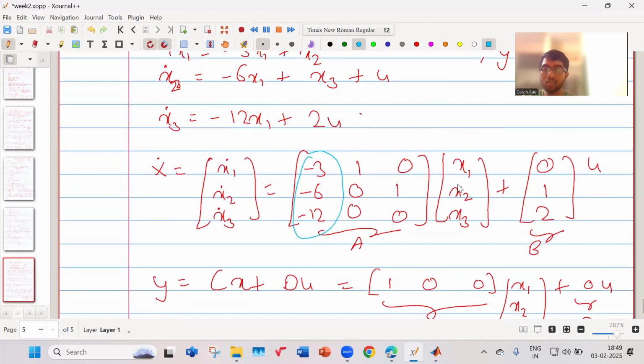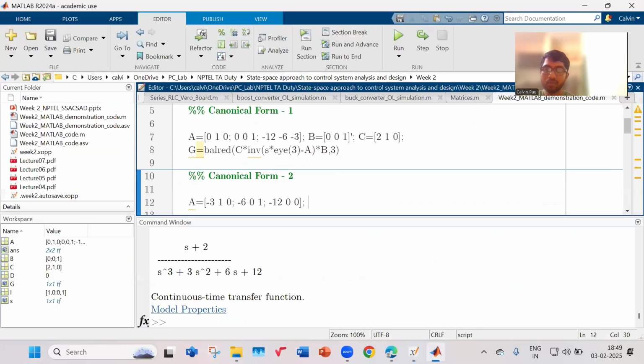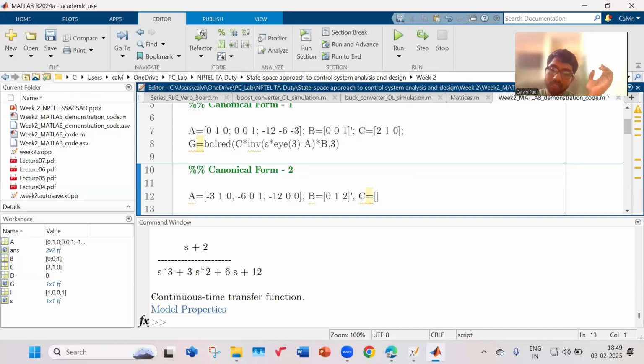The B matrix is 0, 1, 2. So B matrix is what? 0, 1, 2, and the transpose of it, because it should be a column vector. C matrix is 1, 0, 0. Okay.